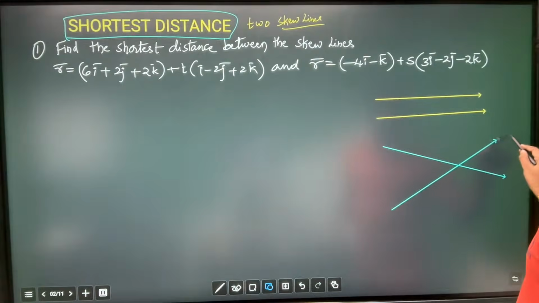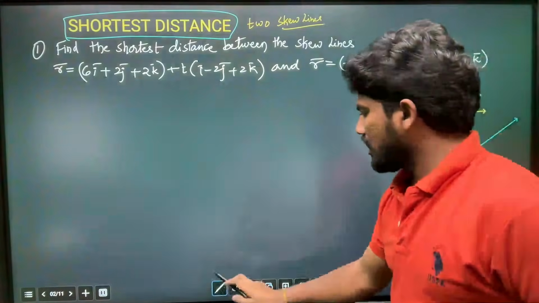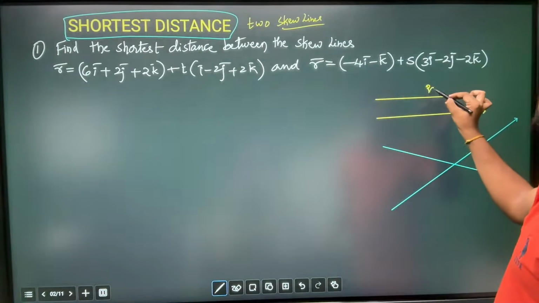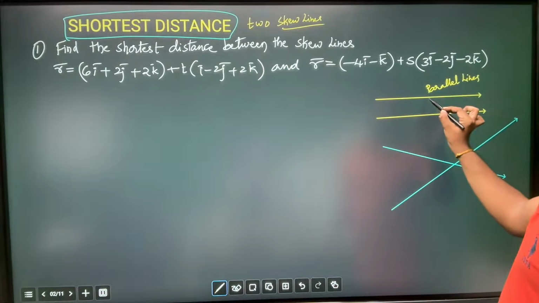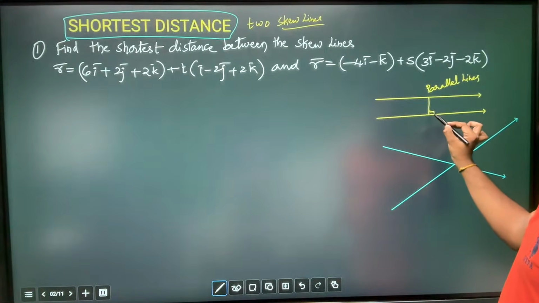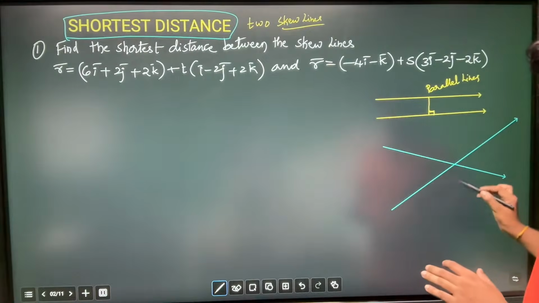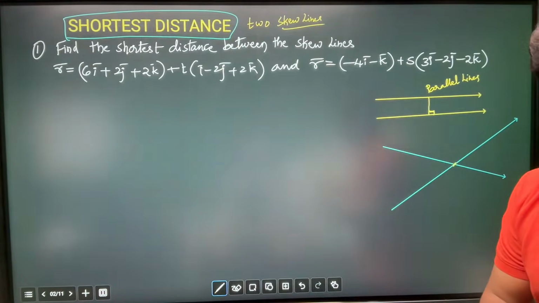These two are also a pair of straight lines. Here the yellow color lines are parallel lines. To find the distance between them, if you apply the perpendicular distance between them, then you will get the distance between the parallel lines. Clear? Next, the blue color lines are intersecting lines.